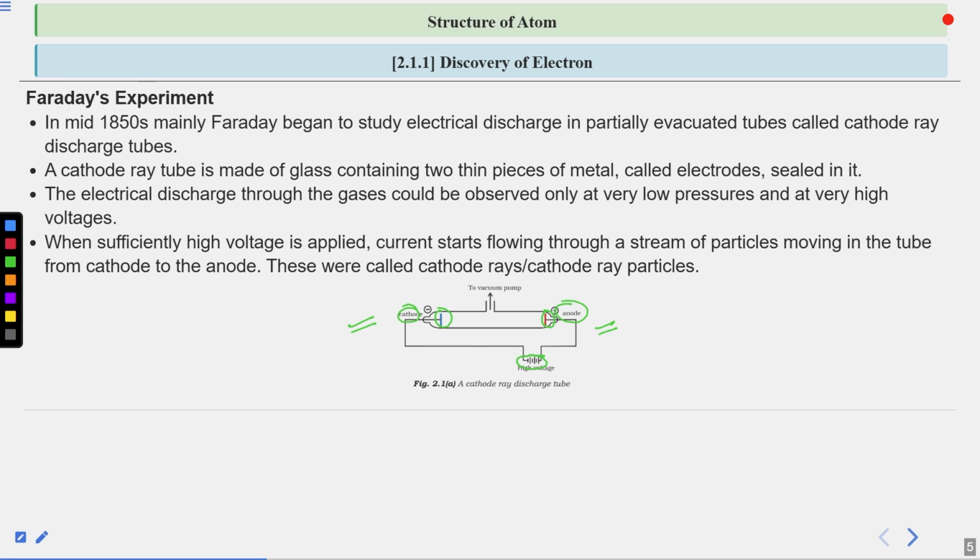But here the space is vacuum. You can see this space is vacuum, but still on supplying a high voltage, we can see a current. Now this is very strange. Why is it strange? If you take an open circuit, and we are taking an open circuit, right?